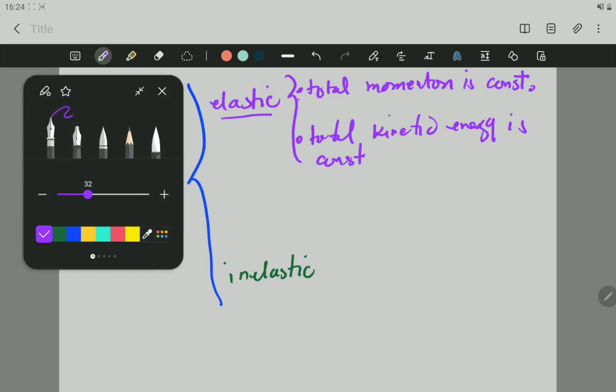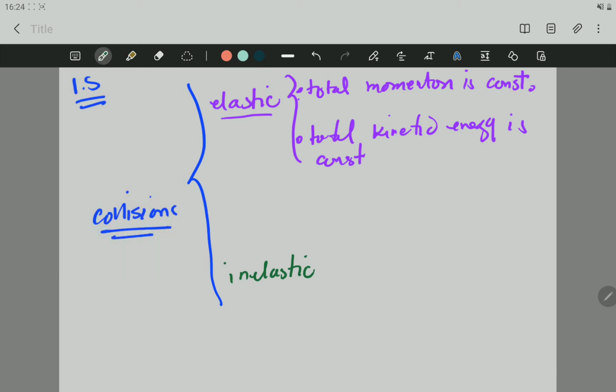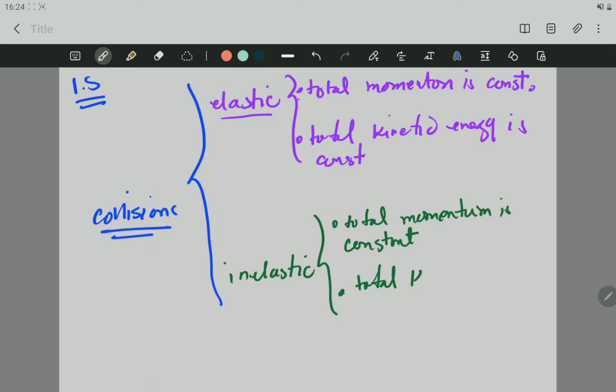A collision is inelastic when the total momentum is constant, but total kinetic energy is not constant.